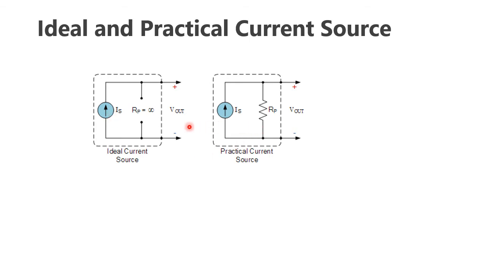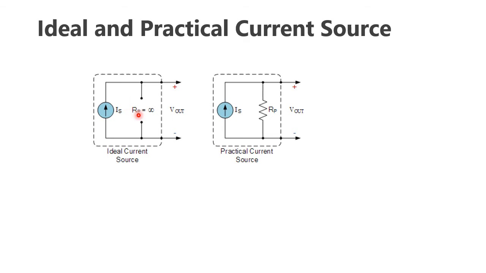There is only one difference: here the RP is infinity, and here there is a value for the RP. So what is that RP? The RP is nothing but the internal resistance or the terminal resistance of the circuit. Between these two terminals there will be some value for the terminal resistance, that's what we call the internal resistance.